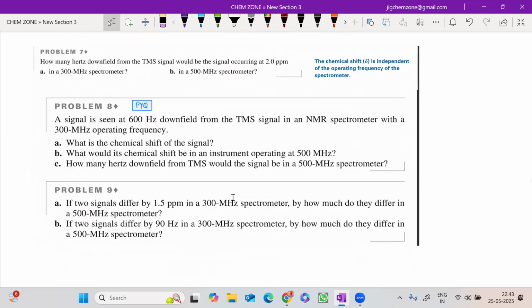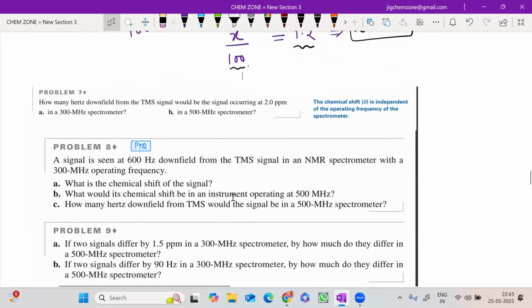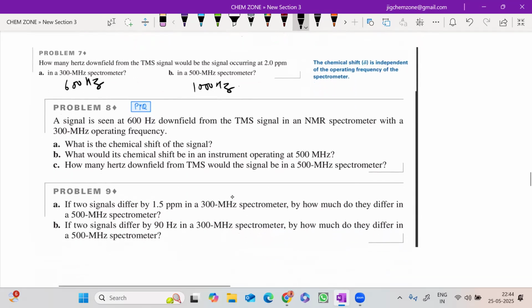These are similar types of problems. You can solve them. If you want the answers, let me write the answers so that you can verify them. For question number 7, 600,000, 2 ppm, 2 ppm, 1000 downfield.